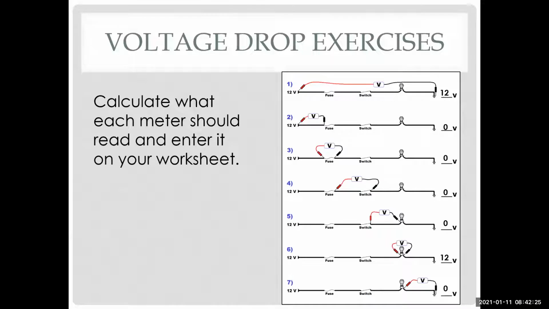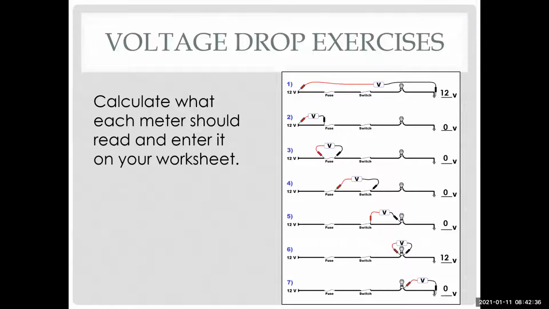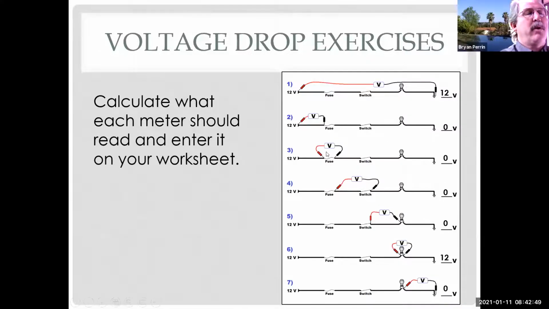Brian, what's your question? Yes. 12 volts is the source, then goes to the fuse, then goes to the switch, then goes to the bulb. So 12 volts consumed by the bulb. Why is the outside, the coming to the ground, 12 also? It's supposed to be less than 12 because it uses the bulb. Right. Right now it's working correctly.